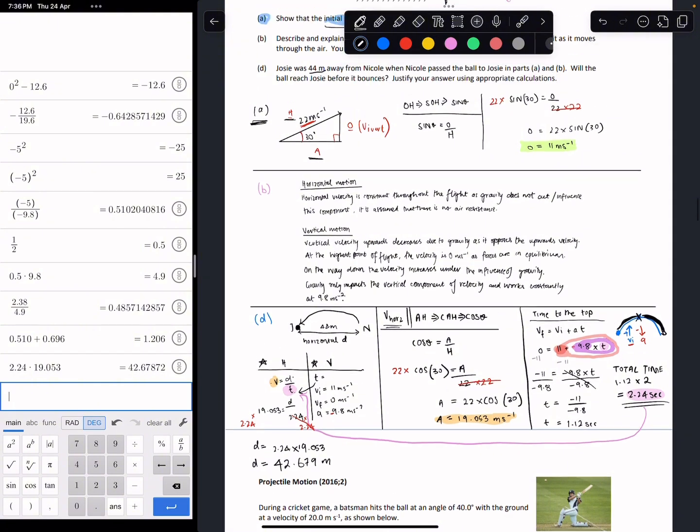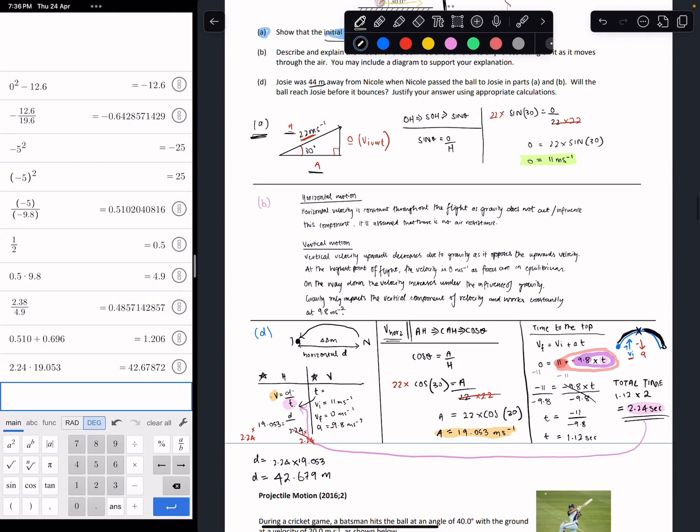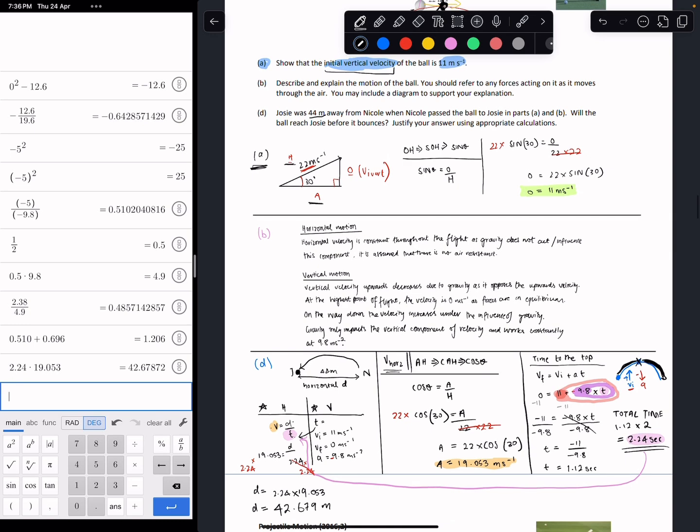So does the ball reach Josie? Does it reach Josie before it bounces?